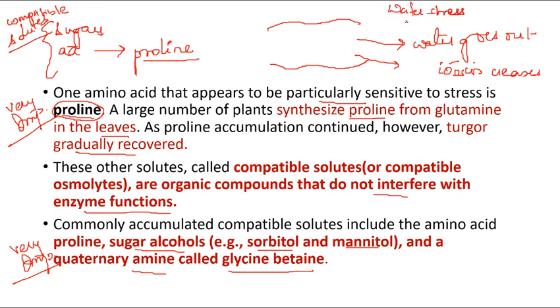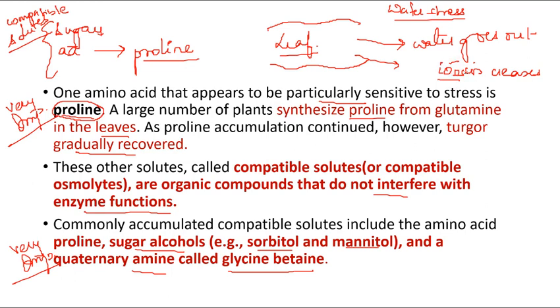So water goes out and ions increase. Once the ion concentration is very high inside the leaf, what will happen? These ions will interfere with the metabolism. These ions, once accumulated in high amount in the leaf in response to water stress, will hamper the metabolism because they are charged molecules.